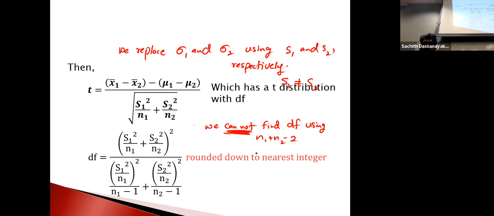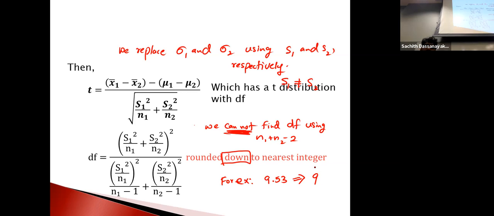Once you perform this calculation, you will definitely get a decimal number, so you have to round that number down to the nearest integer. For example, if you get a value like 9.53, always round this down; consider it's 9.